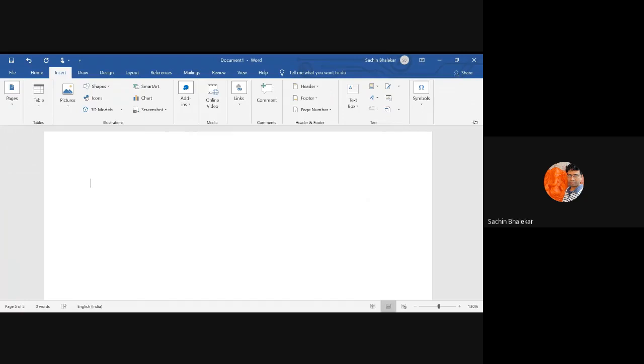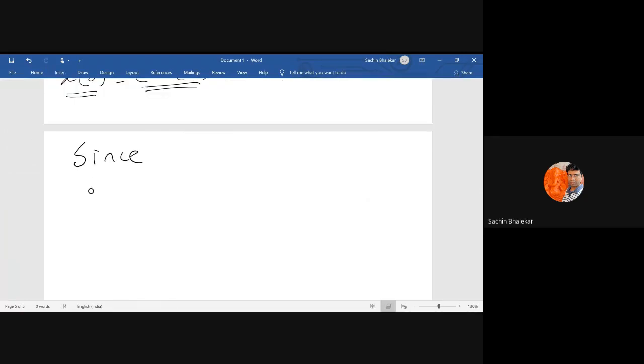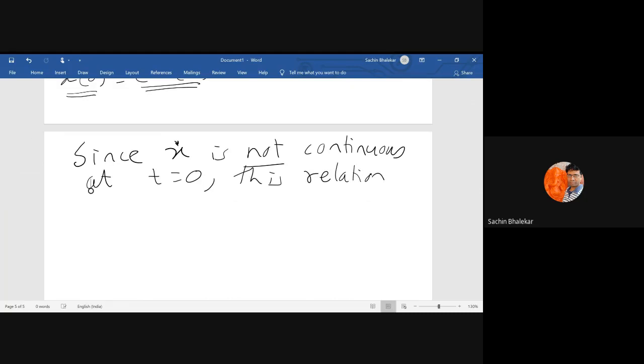Since x dot is not continuous at t equal to 0, this relation implies that x dot is not continuous at t equal to r.